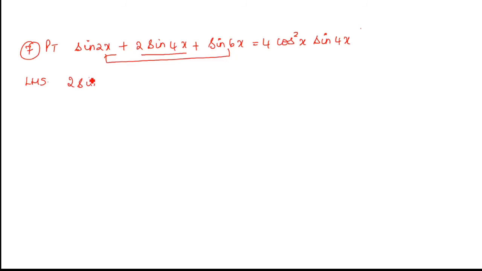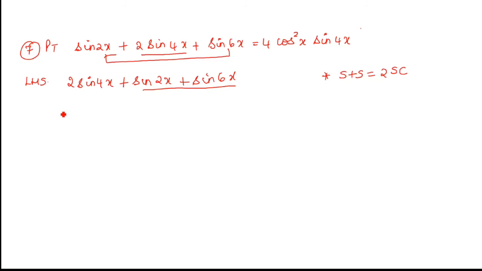That doesn't look that easy for me to combine. So I will be combining the first and the third. So first let us write them together. Sin 2x plus sin 6x. Now when I group these two together, it reminds me of the idea S plus S. What is S plus S? It is 2 S C. Okay.